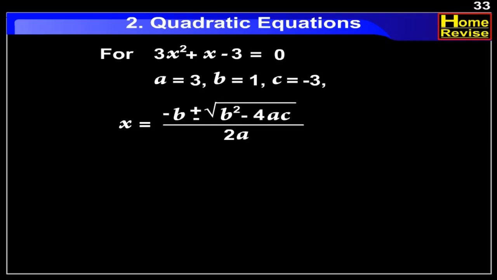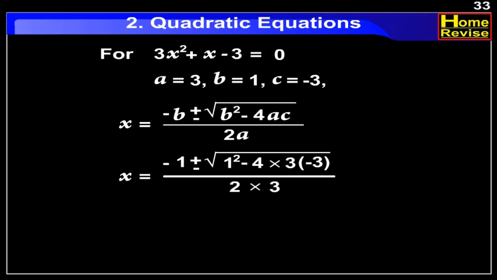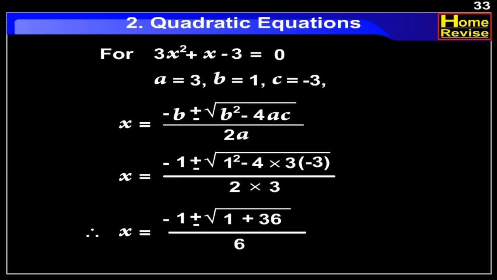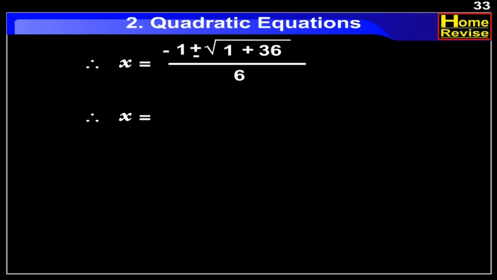Putting the values of a, b and c, we get x = (−1 ± √(1² − 4 × 3 × (−3)))/(2 × 3). Therefore, x = (−1 ± √(1 + 36))/6. Therefore, x = (−1 ± √37)/6.